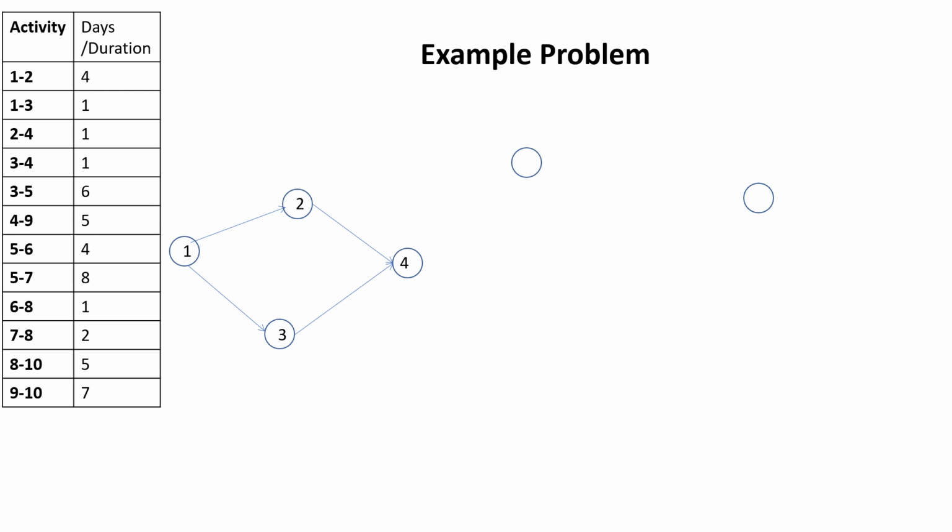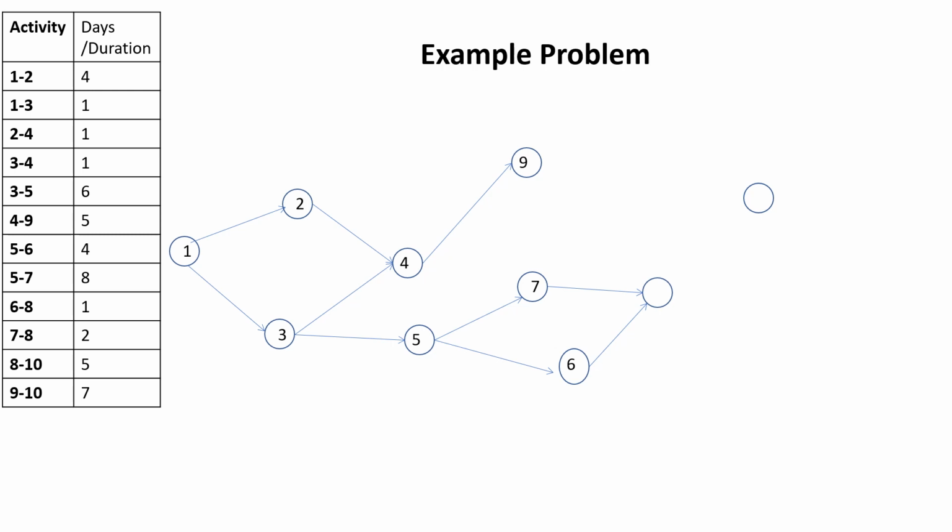Now let us draw other activities of the network. So we have activity 3 to 5, and then activity 4 to 9, and then activity 5 to 6, 5 to 7, 6 to 8, and 7 to 8.